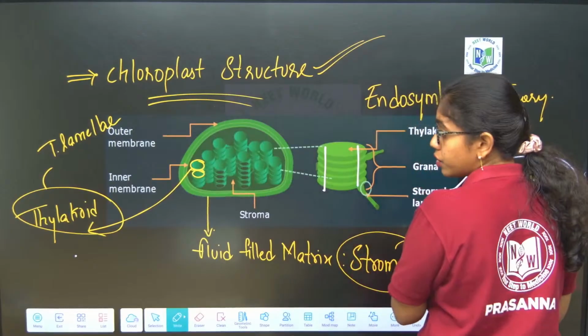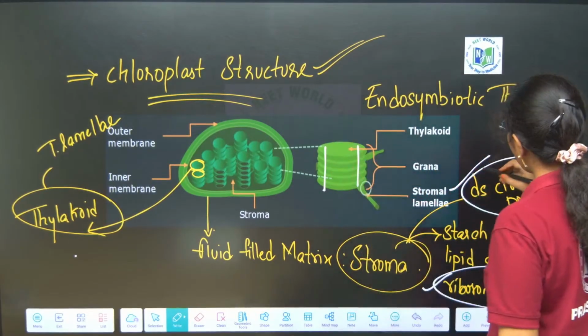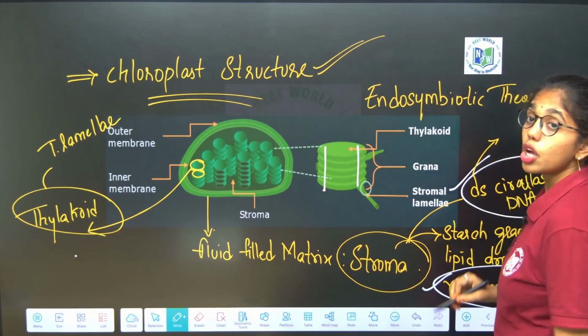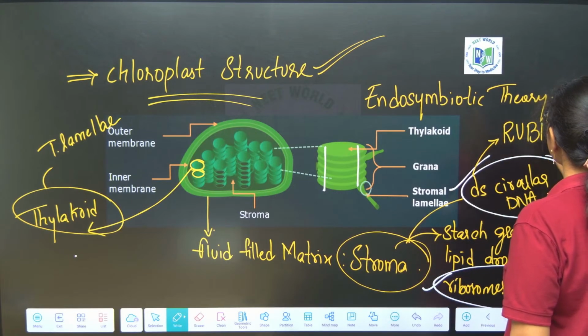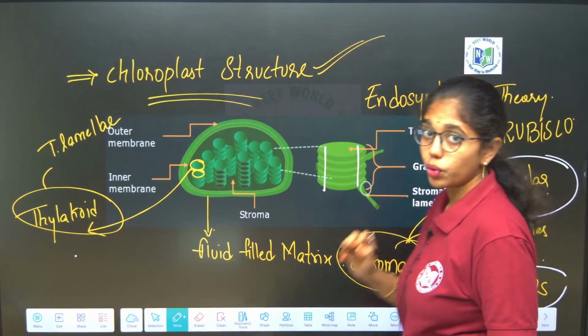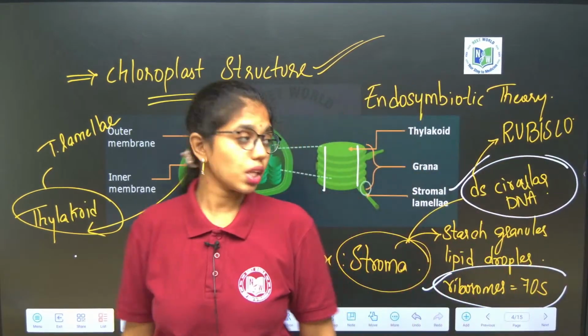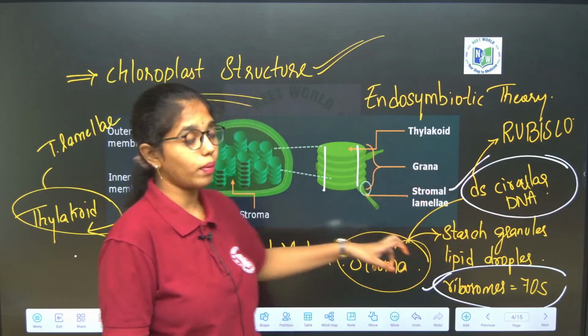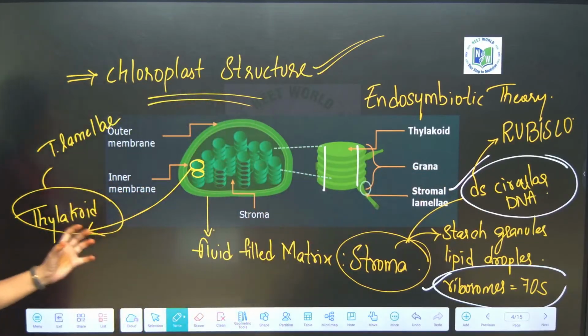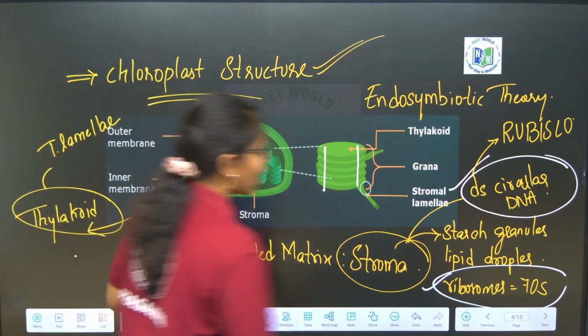This double-stranded circular DNA present in the chloroplast stroma will synthesize the world's most abundant protein, rubisco. This is the complete concept regarding the chloroplast structure.